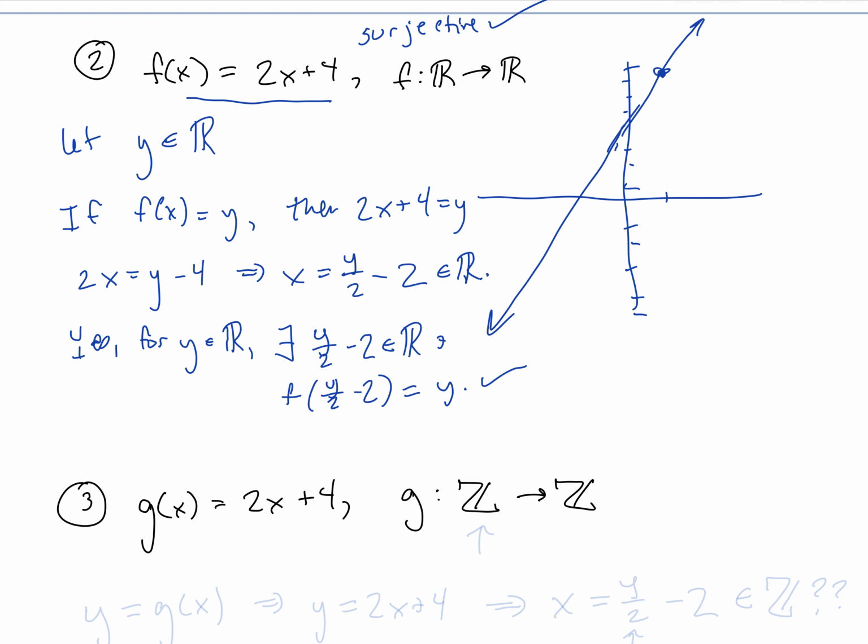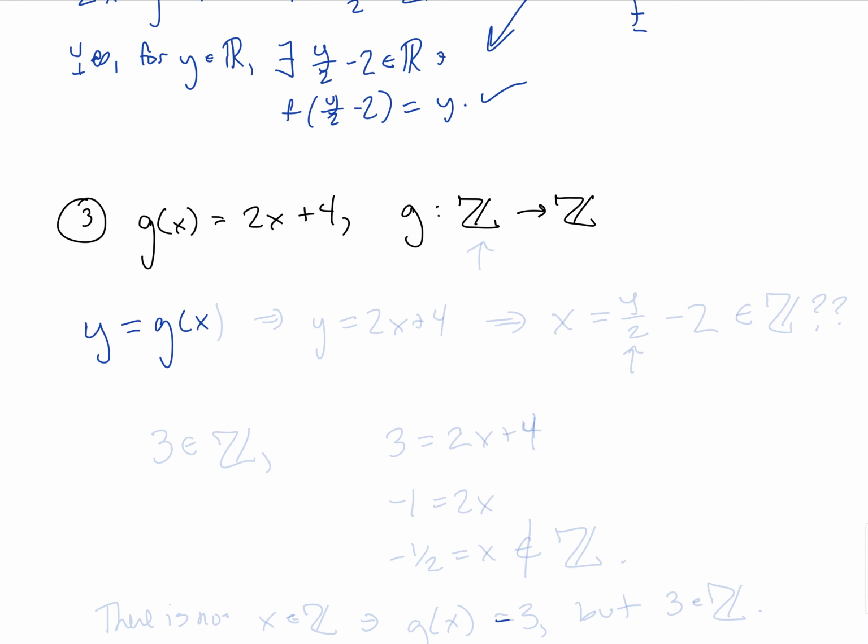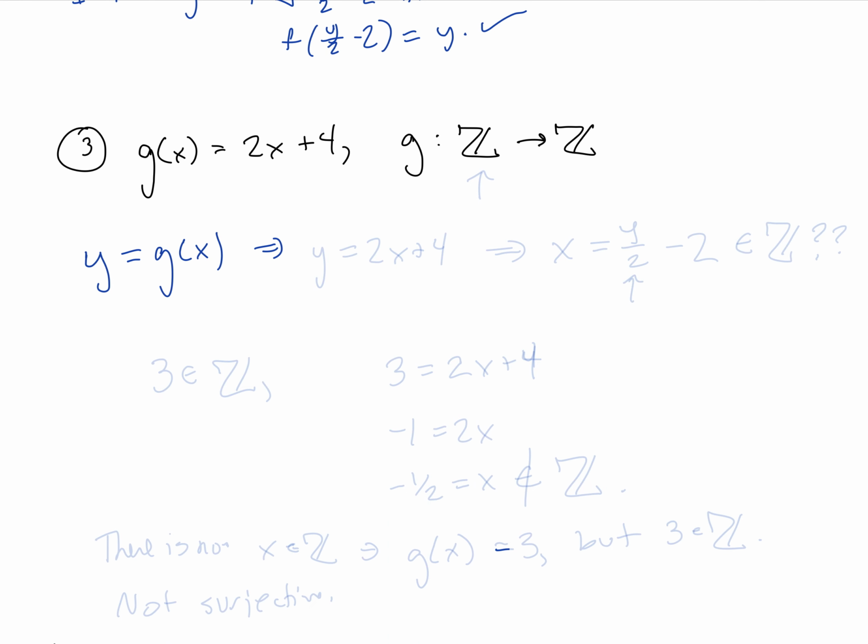All right, what if we just change this function slightly by changing its domain and codomain? So now, again, we can look at the same kind of thing. If y is equal to g of x, as we saw above, that would mean that y is equal to 2x plus 4. And so, again, that means that x would be equal to y over 2 minus 2 when we solve for x.